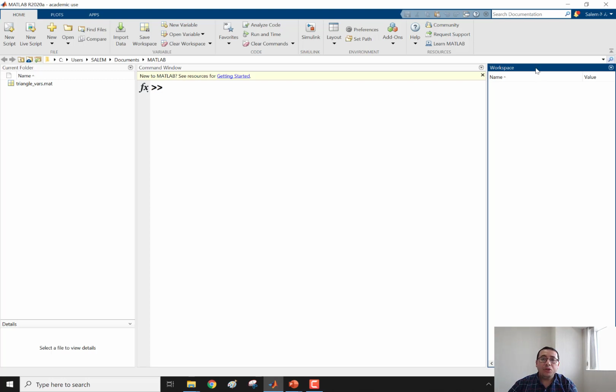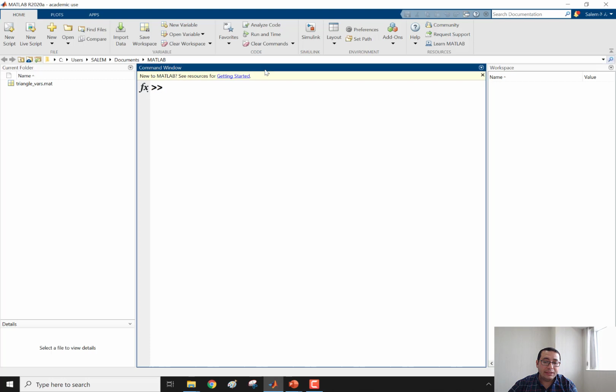The activated window now is the workspace because its frame is highlighted in blue, but the command window is not highlighted in blue. If it is highlighted, you will see that the prompt has a cursor blinking beside it. Once I click here, the cursor starts blinking here.